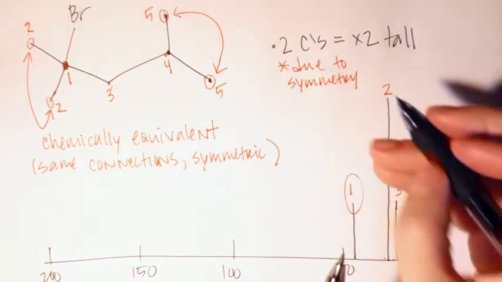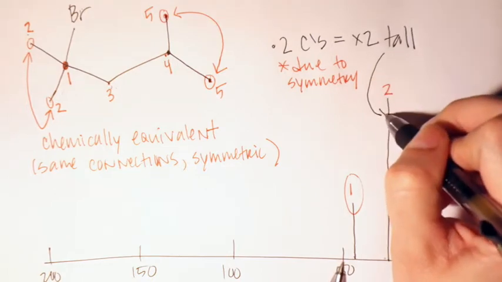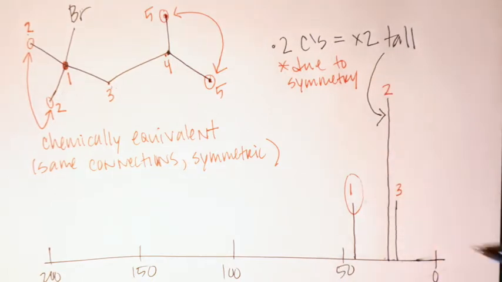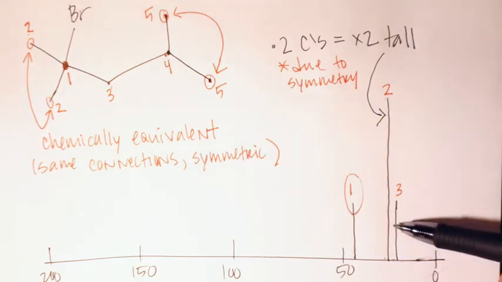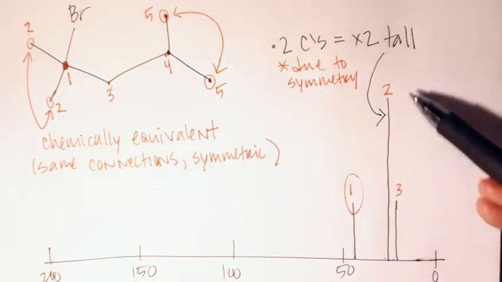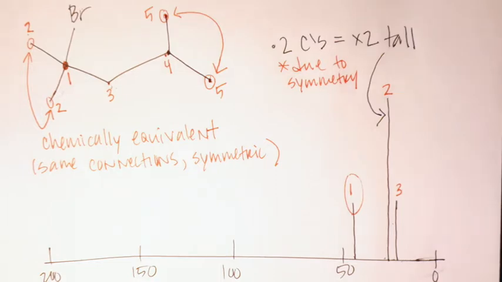Right, so that's what's going on here. So this peak right here is twice as tall as 1 and 3 because it's representing twice as many carbons. So 1 and 3 would each be roughly as high as each other, and then 2 is going to be roughly twice as tall. And it's not going to be exact. The peak heights are not always exact, but they're going to be roughly the same height, or roughly twice as tall.